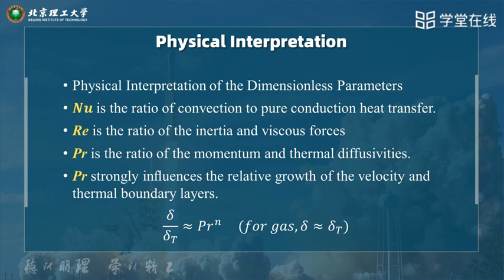Certainly, these three numbers have some physical meaning. So we can give some discussion of the physical interpretation of the dimensionless parameters. Firstly, the Nusselt number is the ratio of convection to pure conduction heat transfer.